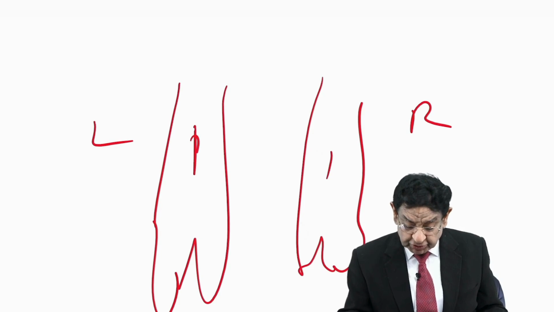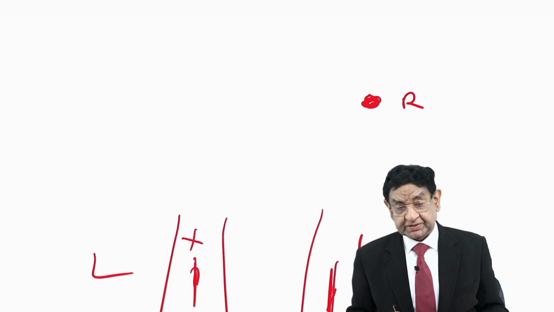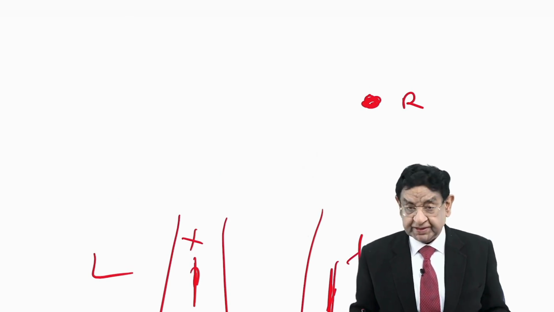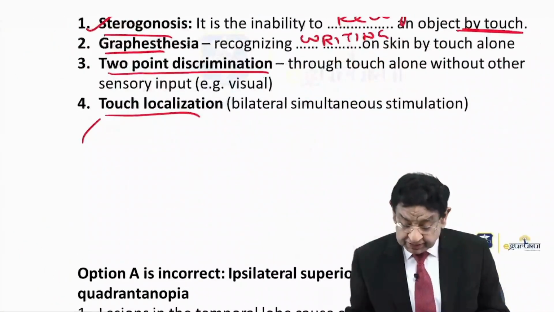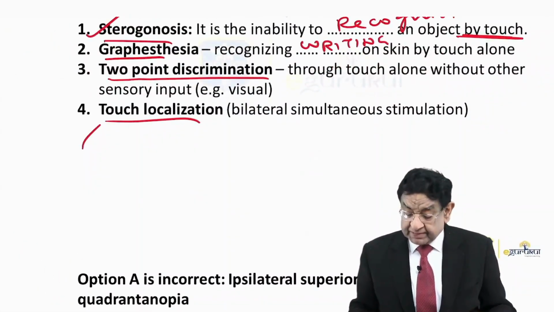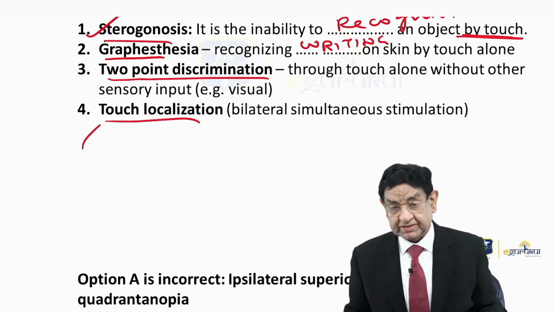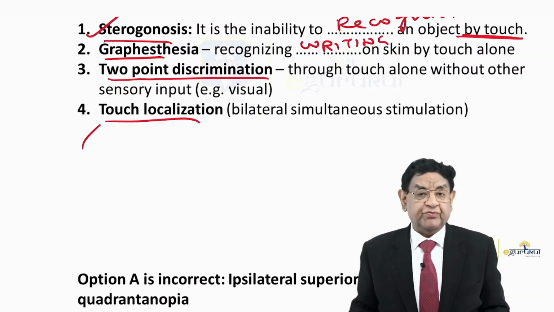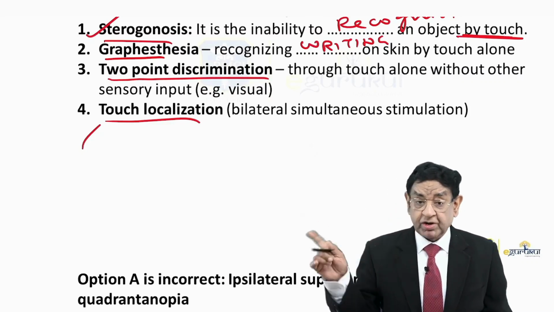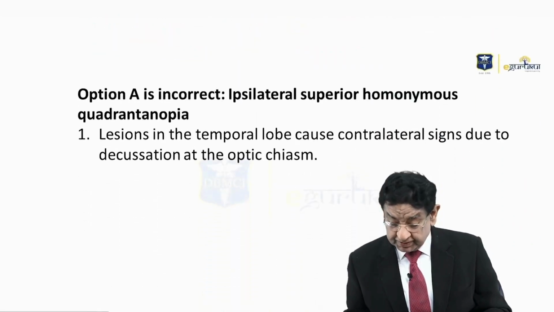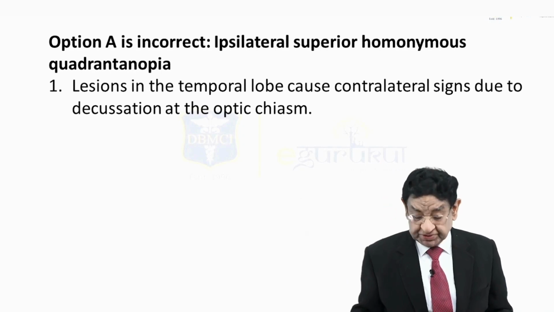But if you touch both together, he will not be able to appreciate this. Only one side he will be able to appreciate. This is so-called touch localization. Bilateral simultaneous stimulation will be appreciated only on one side, not on the other side. These are the 4 cortical sensory functions done by the contralateral parietal lobe. Okay, so I hope you are clear about the cortical function.